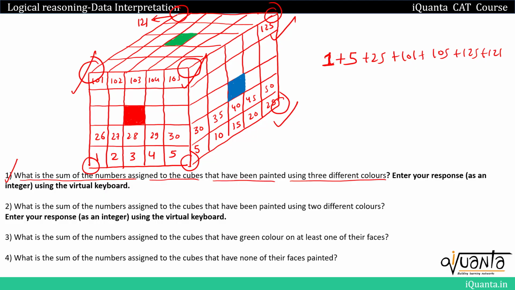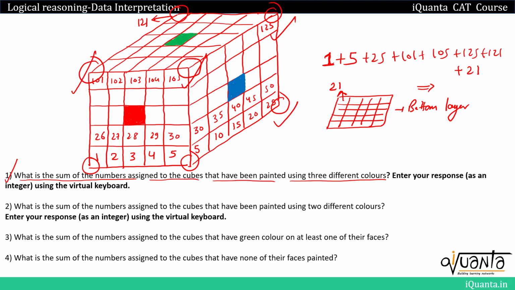And can you tell me the number on the cube that is not visible? Basically it will be the leftmost cube in the bottommost layer in the last row. So this will be numbered 21. This is the bottommost layer, so it will have number 21. So let me add 21 to this. So when we add all these, what do we get? We'll get 504. So 504 will be the answer to this question.